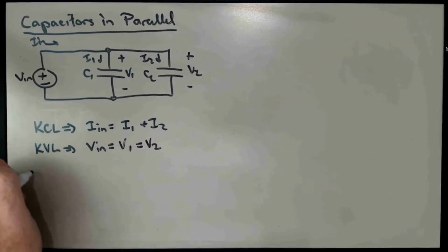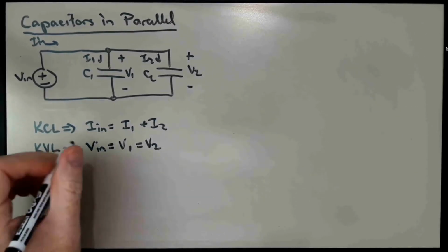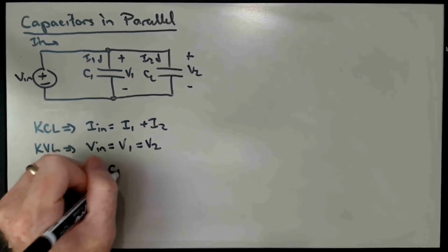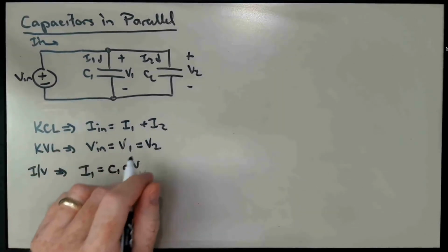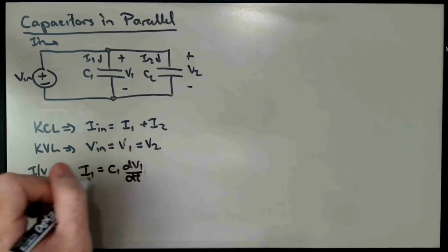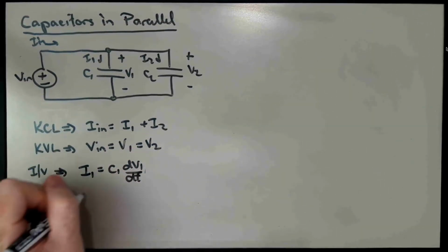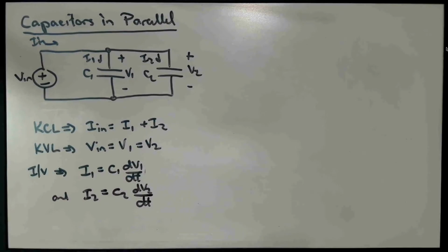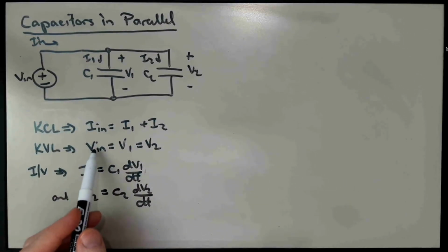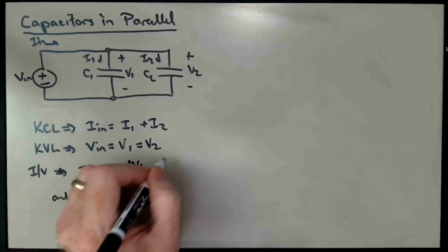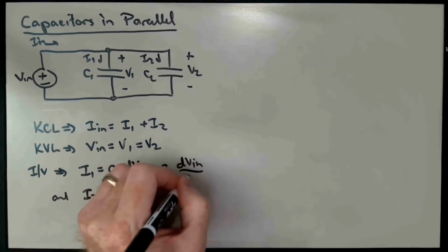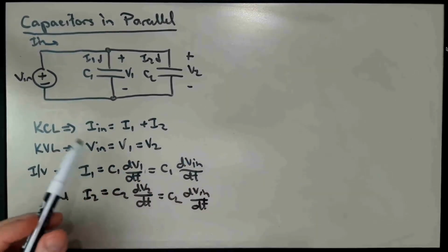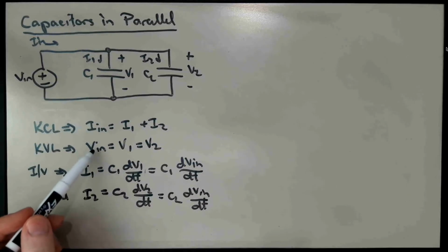And of course we know that the IV relationship for each capacitor implies that I1 is equal to C1 dV1/dt, and I2 is equal to C2 times dV2/dt. Well, we can substitute in this KVL and write this as C1 times dVn/dt, and this as C2 times dVn/dt, because V1 and V2 respectively are equal to Vn.